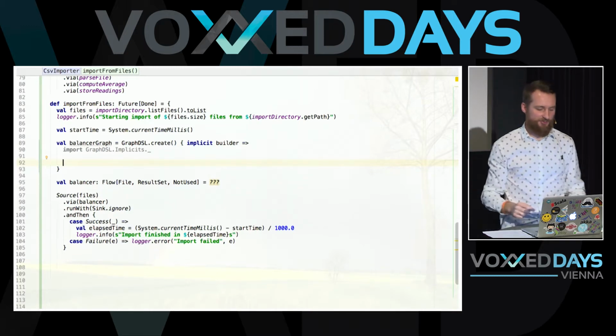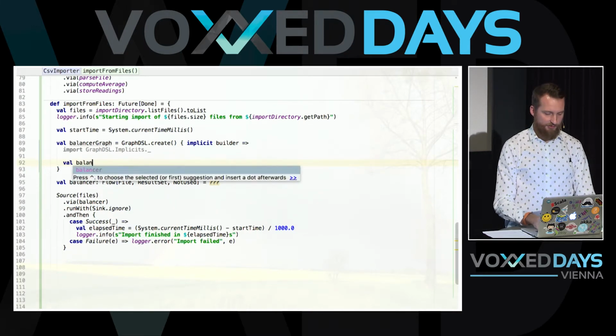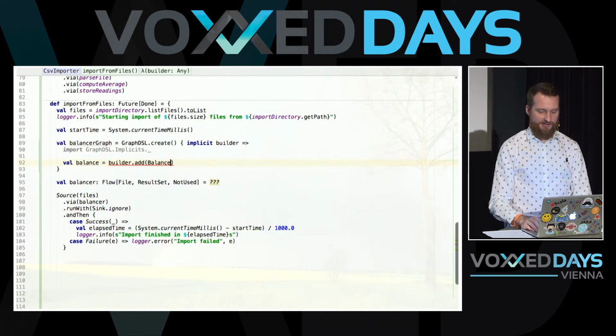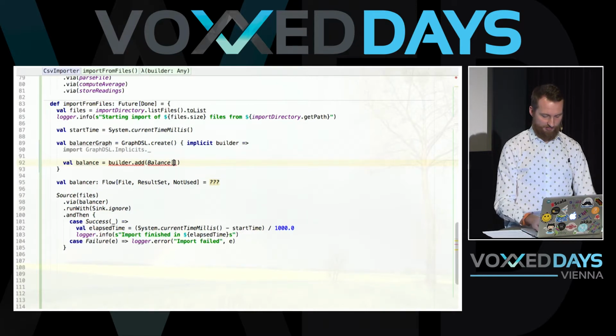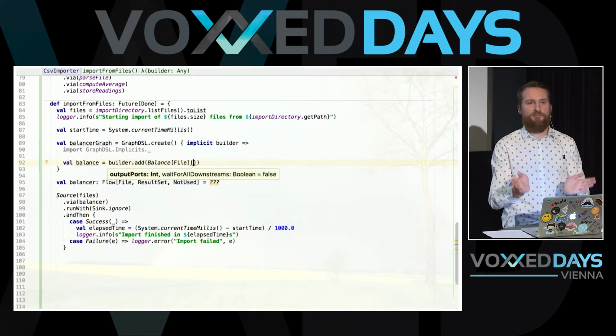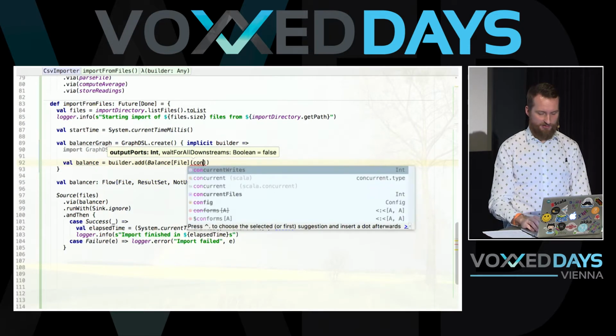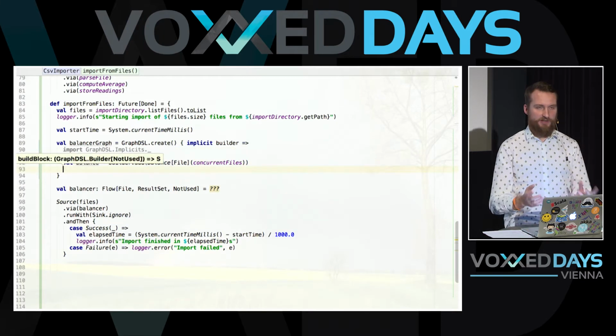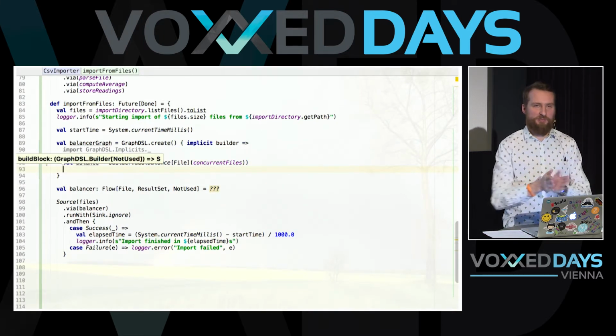So the first stage that we want to add will be called balance, and now we call builder add, and we have a built-in stage for load balancing. Actually, we need to provide a type. Its type would be File, and the number of branches is one of our configuration parameters. It's called concurrent files. So we have the balancing step, which splits the pipeline.